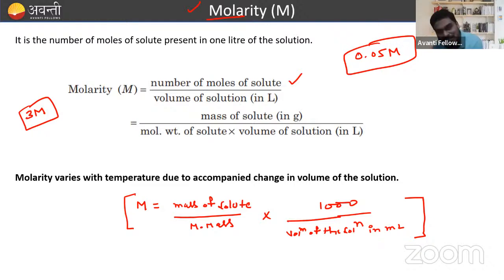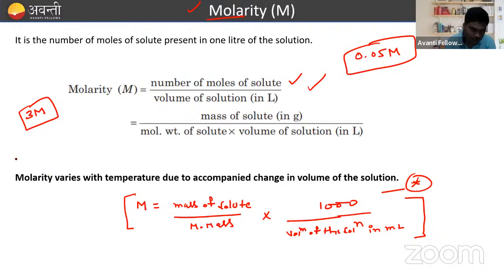So what do you mean by this? 0.05M, 3M, 2M, 1M. It means this much solute is dissolved in 1 liter, right? So this is the important formula. Remember this. And this is the basic formula, that is the number of moles of the solute upon the volume of the solution in liters.